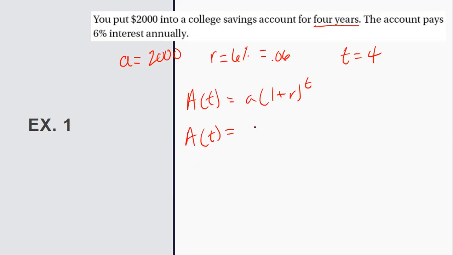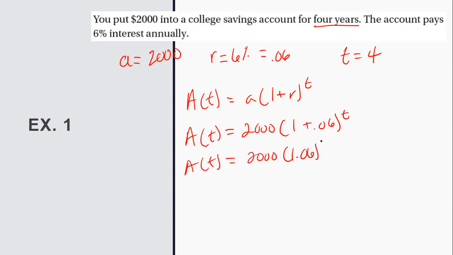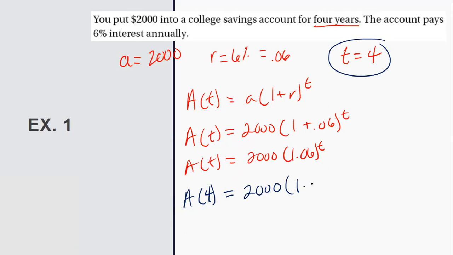So A of t equals 2,000 times 1 plus 0.06 to the t.